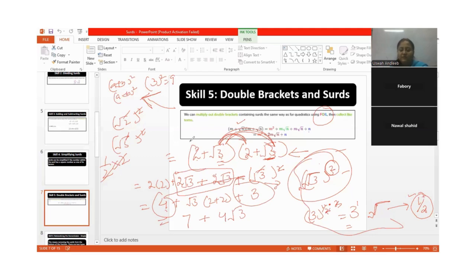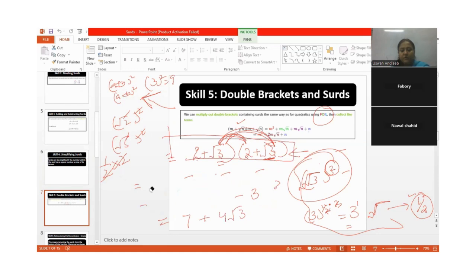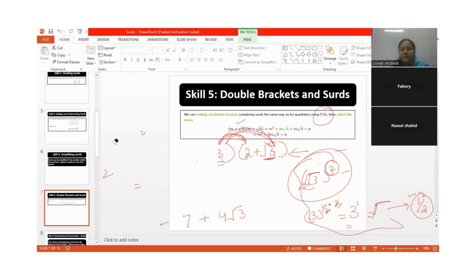When you are guiding something to someone, it becomes a bit dirty. So in actual, the answer to the question that I have written over here, 2 plus under root 3 times 2 plus under root 3, if I erase all the working in between, is 7 plus 4 under root 3. Whenever any bracket questions are involved, we solve them using the FOIL rule.